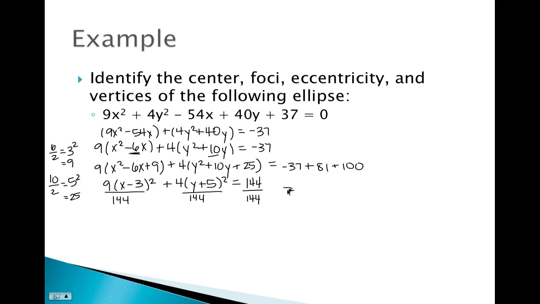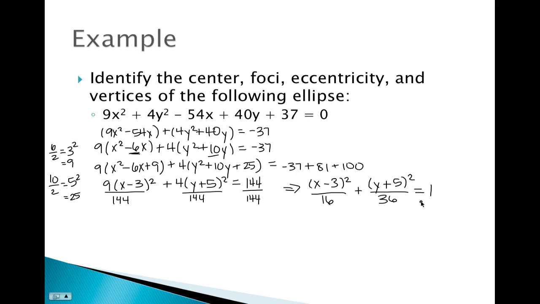So when we do that, we now have the equation x minus 3 squared over 16, because that will reduce 9 into 144, plus y plus 5 squared over 36 equals 1.